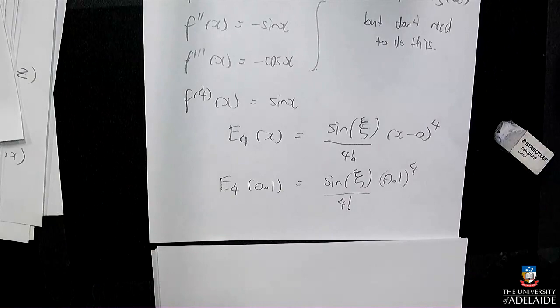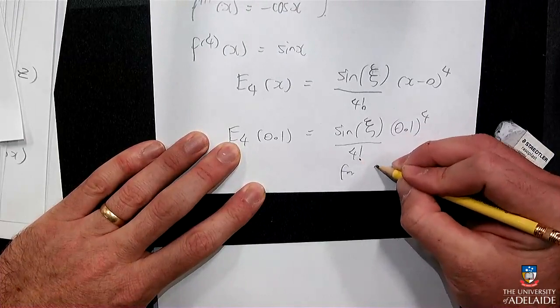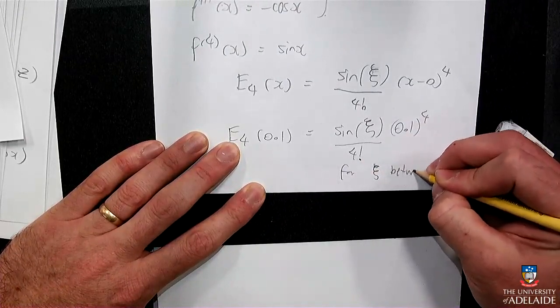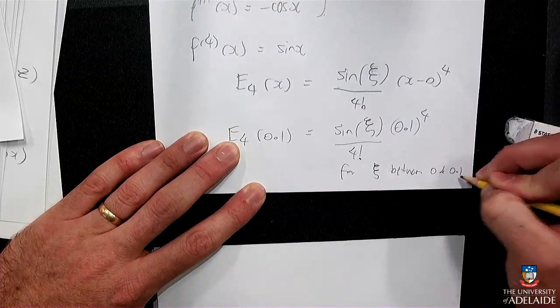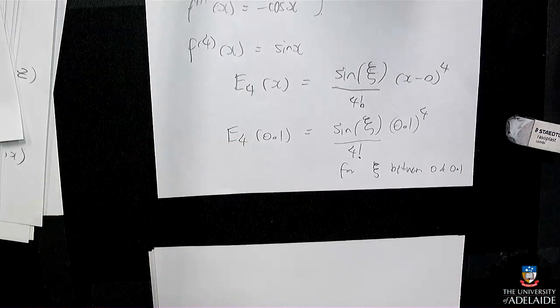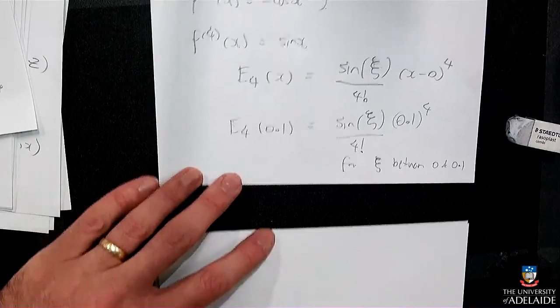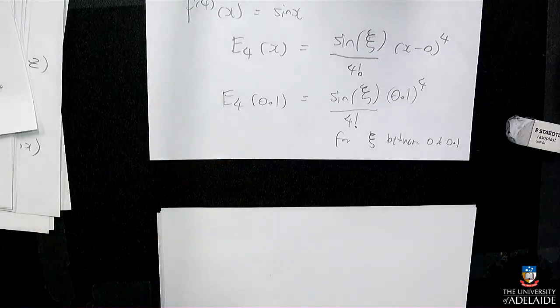I just know that the letter psi is somewhere between 0 and 0.1. So it's between the centre and the x that I'm thinking of. Okay. This is unsatisfying because I don't know what psi is.